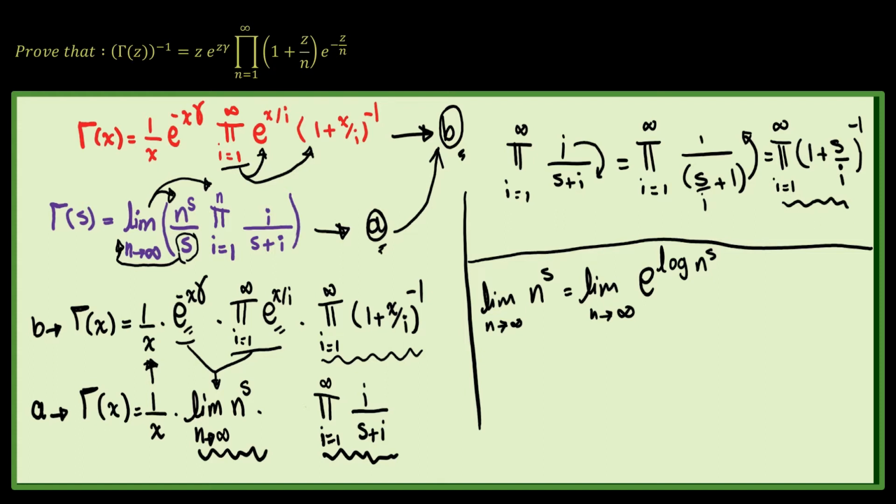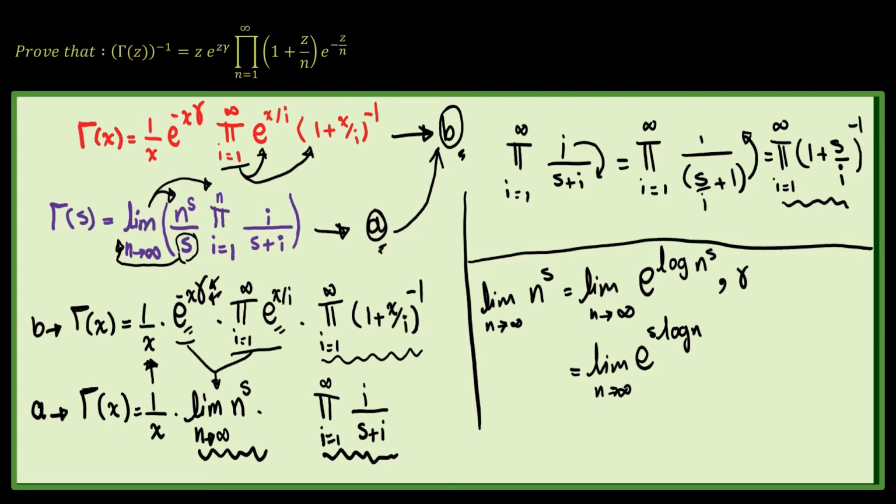Then according to properties of the log, we can write e raised to s log n. Now in this exponential we have the constant Euler-Mascheroni.